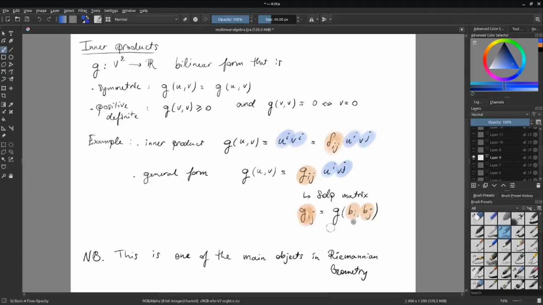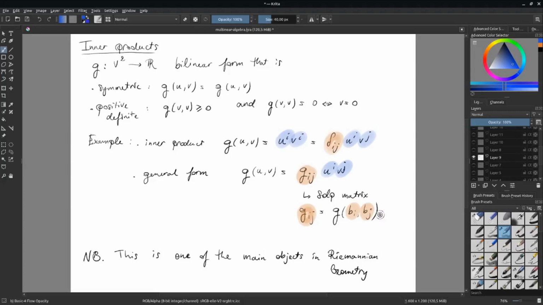And so again, I can evaluate it as on the previous slide. And this inner product, or sometimes you call it the metric, is very important in Riemannian geometry because it's the main tool for describing these Riemannian manifolds.